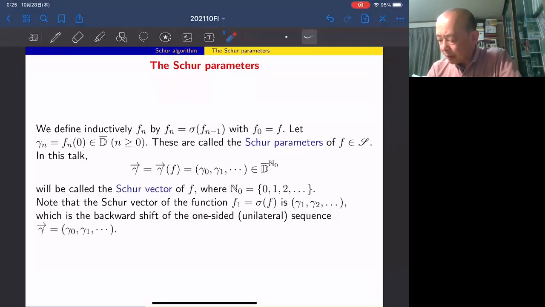Maybe it is a basic fact that the Schur vector of the function f1, I mean sigma of f, is nothing but gamma 1, gamma 2, and so on. So this is the backward shift of the original sequence here. Maybe this fact will be used afterwards implicitly.